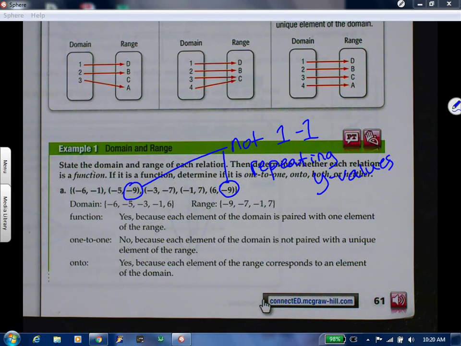So this one was yes because you have no repeating X values. So that's why it's yes, because there's not any repeating X values. Okay? Onto.